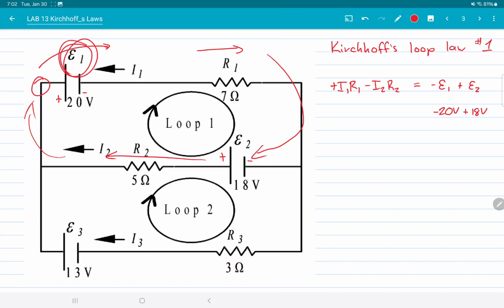I probably should have used the variables since I was using the variables on those. Okay, so kind of pre-plugged in those. My I1, I don't know. So I1, but R1 is 7 ohms, minus I2, and R2 is 5 ohms.